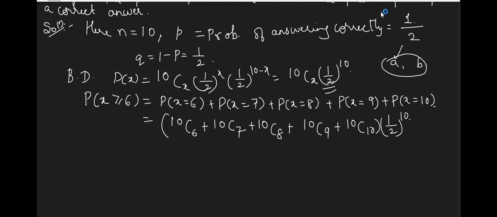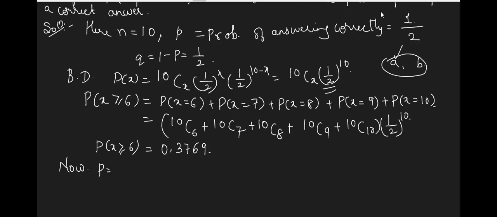Tell me this answer. 0.3769. Hopefully all are getting the same. So there is a 37 or 38% chance that at least 6 out of 10 of my answers are correct.